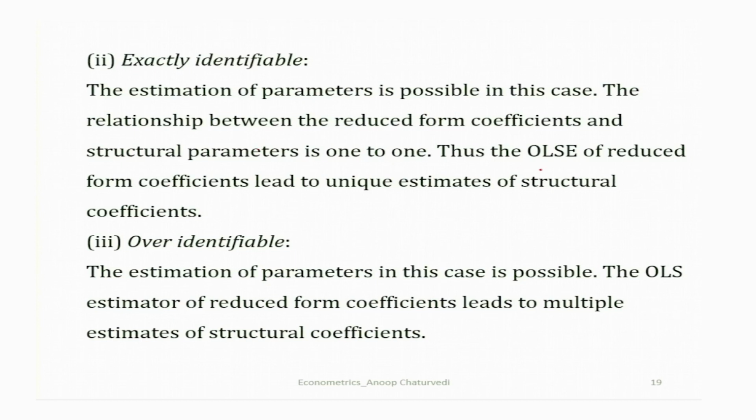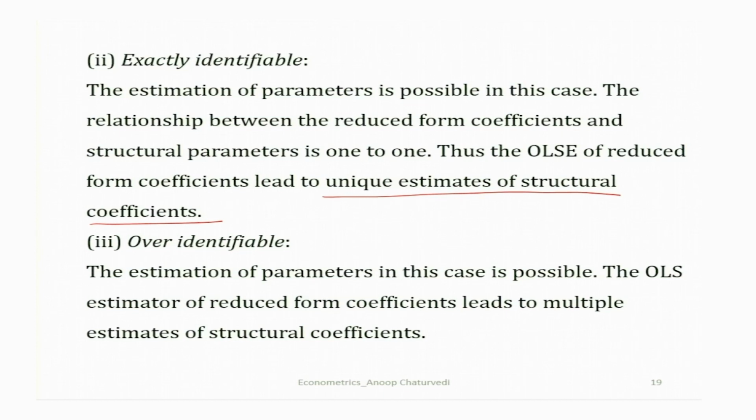So, if you estimate the reduced form coefficients using the least square procedure, then these estimates lead to unique estimates of structural coefficients. So, this is the case of exact identification.